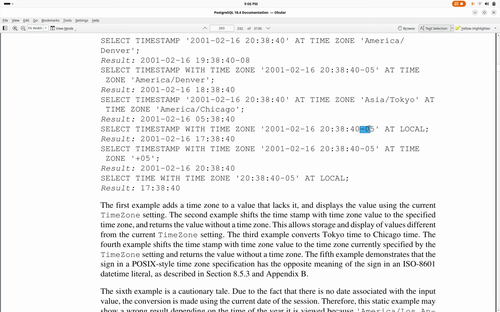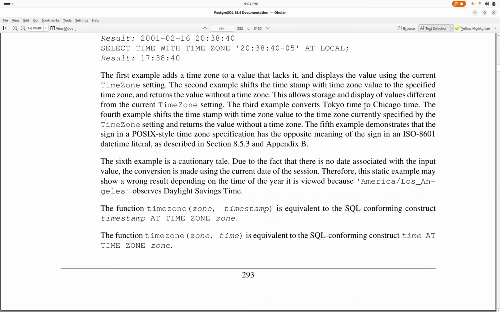It is at -5 time zone, and then it is returned without time zone. And then we have -5, and it is also returned without time zone. Here, the time zone is modified to +5. You add so many hours. And similar stuff is going on.